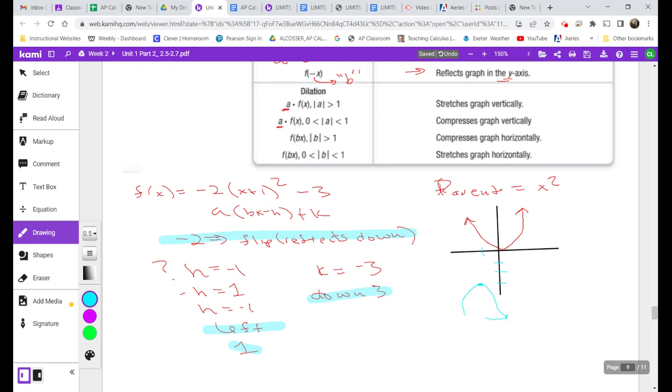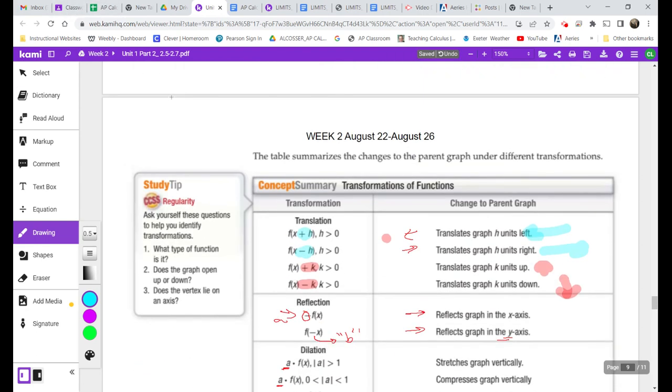And that's it. Okay? So that is my reflected, flipped, and translated graph. I translated it to the left 1 and down 3 because of H and K. All right? So that's kind of all you're doing today.